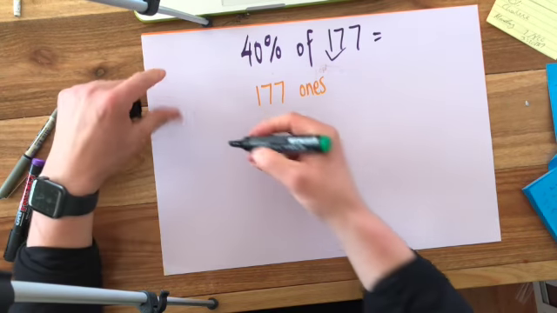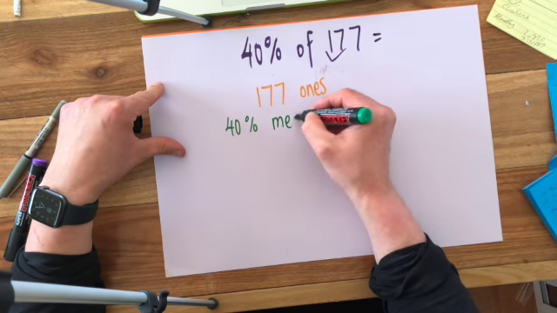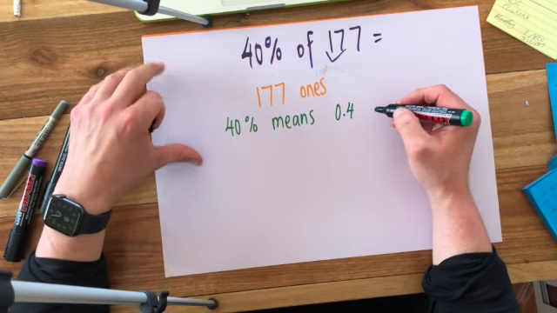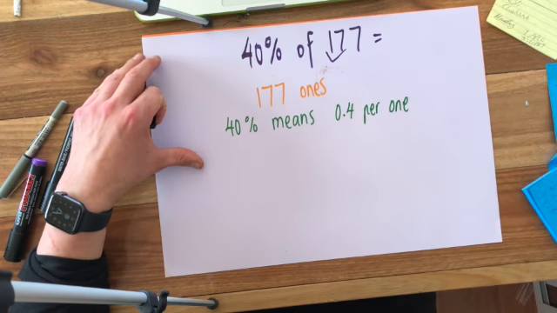And I know that 40% means 4 tenths per one, or for each one.